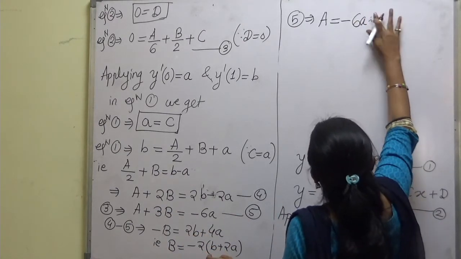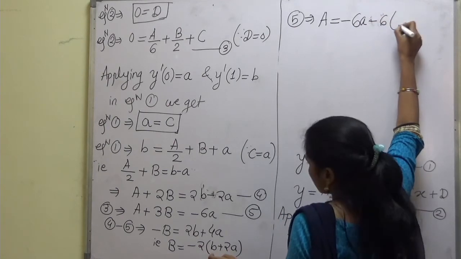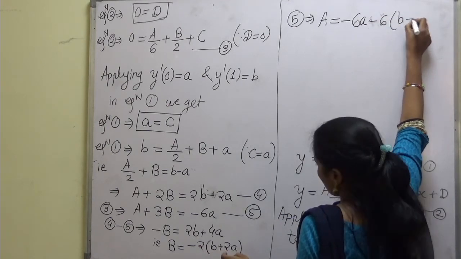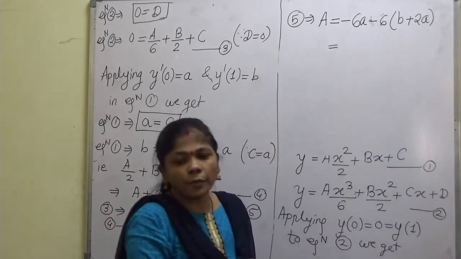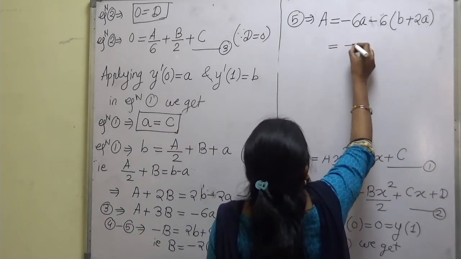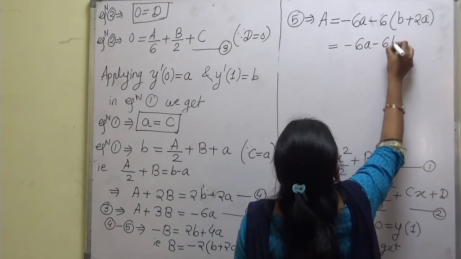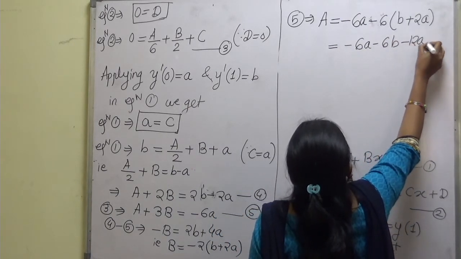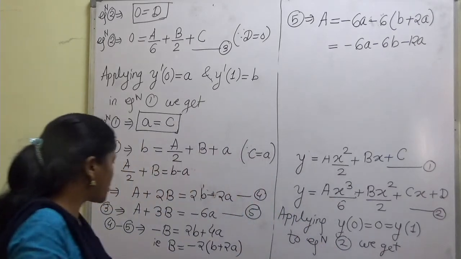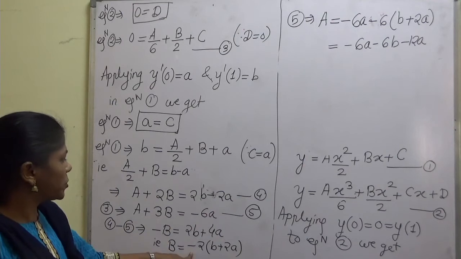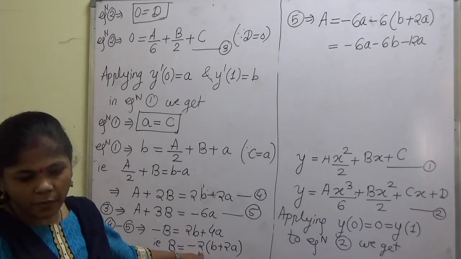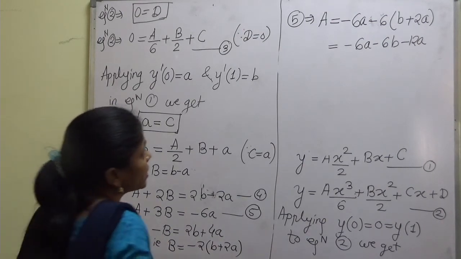So that is minus 6 becomes b plus 2a. So what it gives? It gives you minus 6a minus 6b minus 12a. Right? Am I right? 3b, na? So minus 6 times. Okay. So what you will get? Yes, simplify.